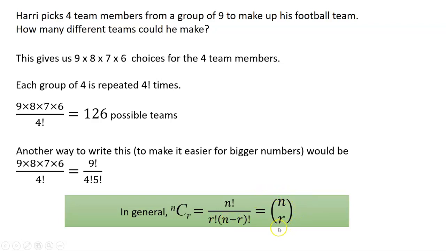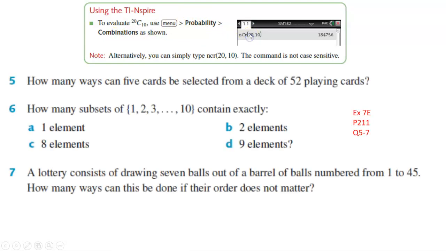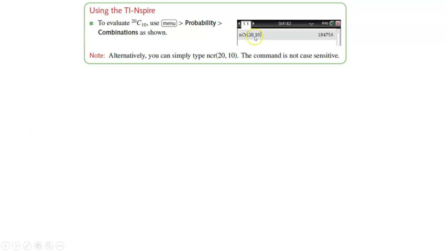You will also see it written like this. So a bit like a column vector, n over r. We just still say this as n choose r, just a different form of notation. Now on your CAS, you can go menu, probability, combinations, and then you write the n as the first thing in the brackets and the r as the second thing in the brackets.